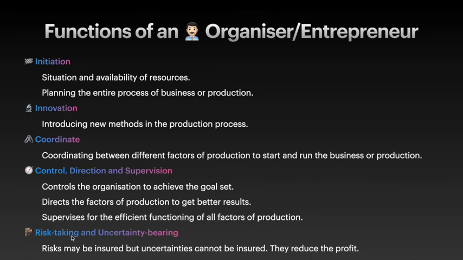The final function of an organizer or an entrepreneur is risk taking and bearing the uncertainties. Risks may be insured, but uncertainties cannot be insured. They reduce the profit of the company. And these are some of the major functions of an organizer or an entrepreneur.